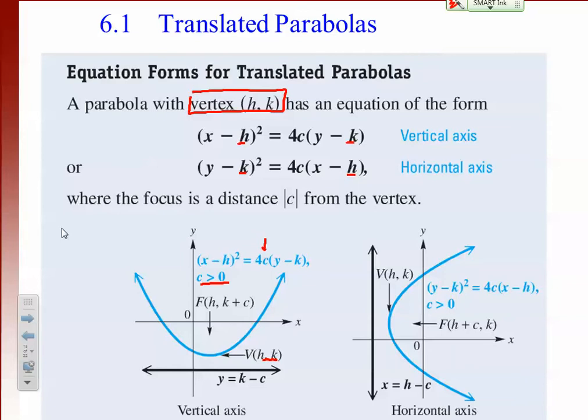And going left and right, it's going to open to the right if c is greater than 0, and it's going to be offset. Remember that this is the x value, so this is hk, even though it's on the right side where we normally see the y. That goes with the x value, that goes with the k value. So keep that in mind while we're doing these problems.